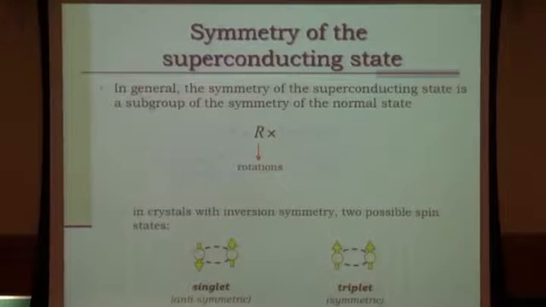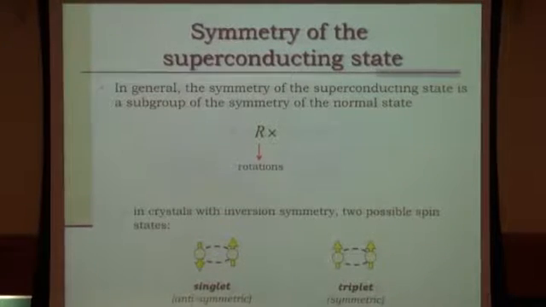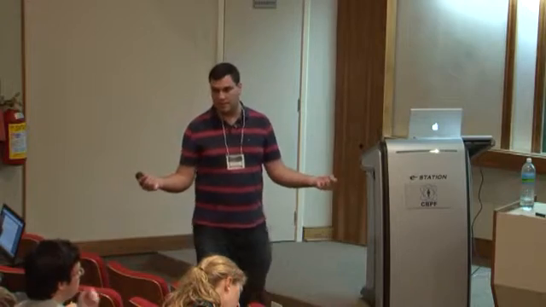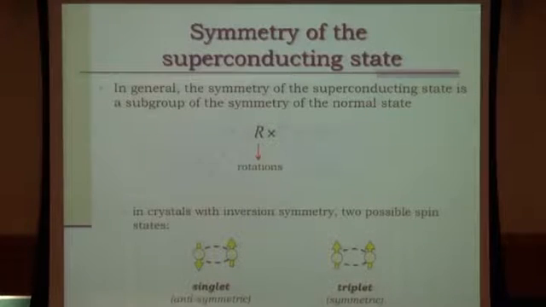If a crystal has inversion symmetry, which is the case of pnictides, I have 2 possible spin states, singlet or triplet. What does it mean? Well, I have 2 spin-half electrons. When I combine them, I can have either spin 0, a singlet, or spin 1, a triplet. Okay? These are the 2 possibilities. Now, if I choose one of these 2, this already constrains what kind of crystal lattice symmetries I can have, because remember, these are 2 fermions.